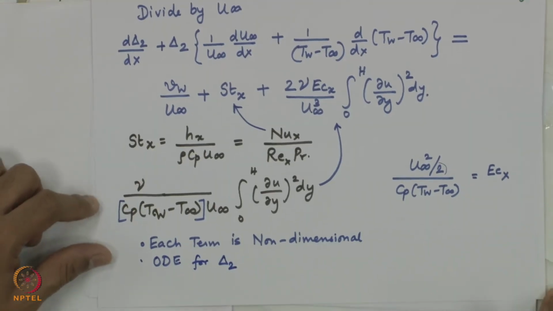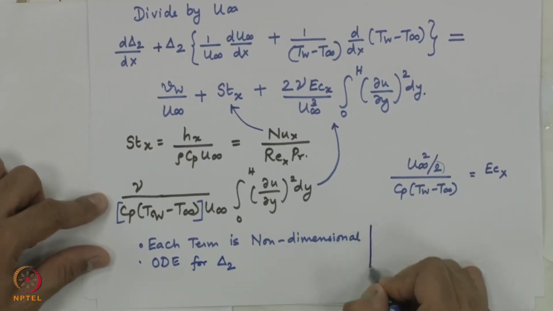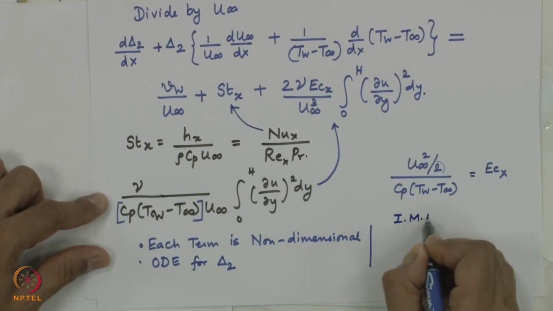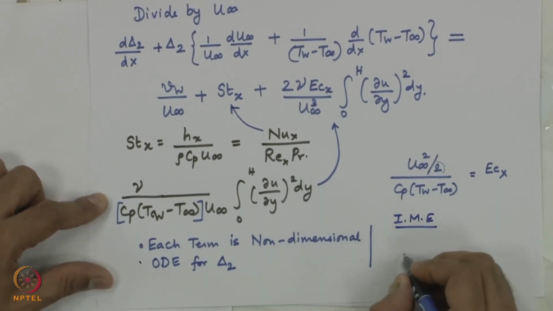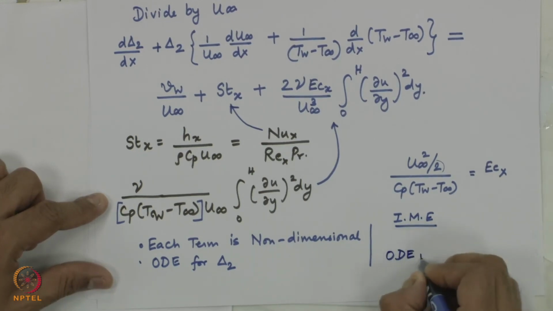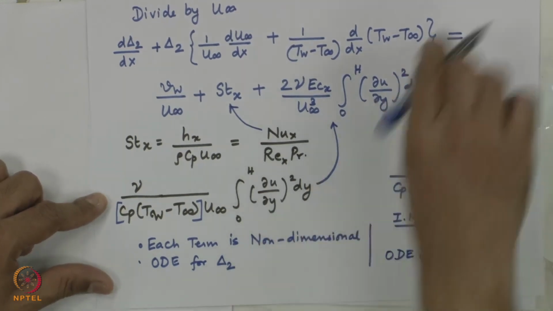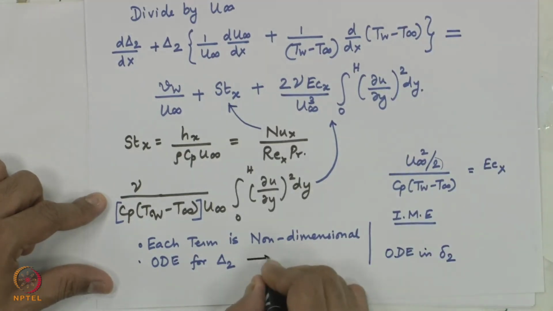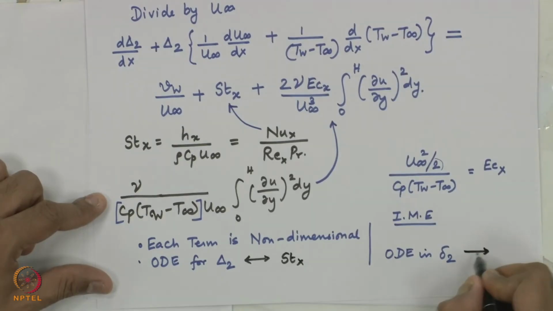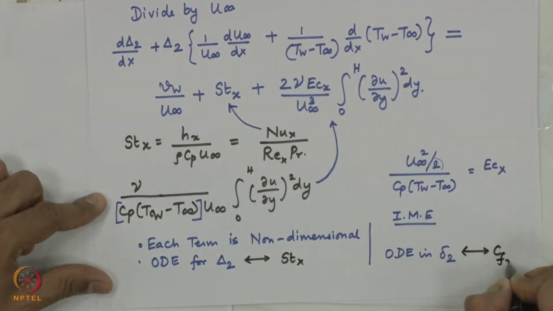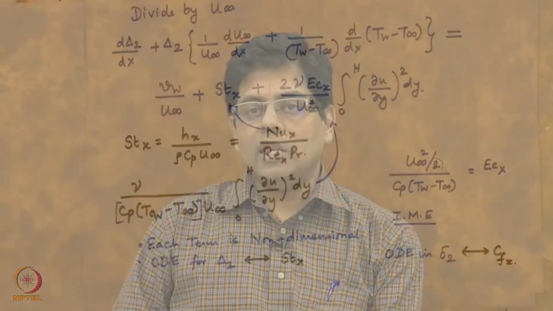Your integrated momentum equation, if we go back, had each term non-dimensional, and that was an ODE in momentum thickness. So, as engineers, the enthalpy thickness is related to the Stanton number, and the momentum thickness is directly related to the coefficient of friction.